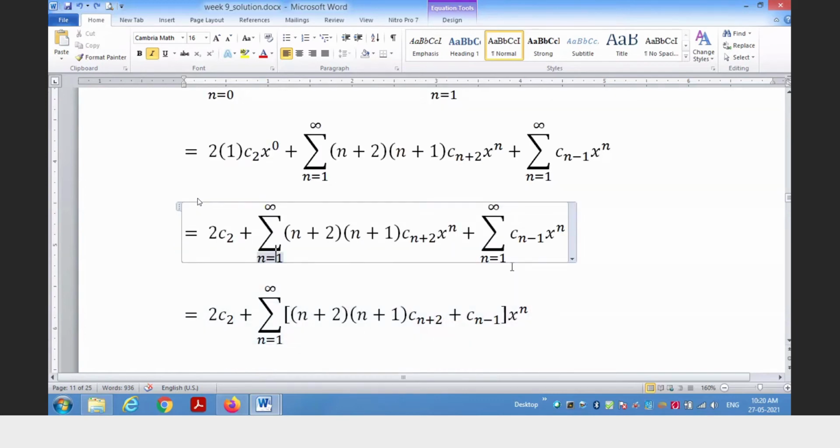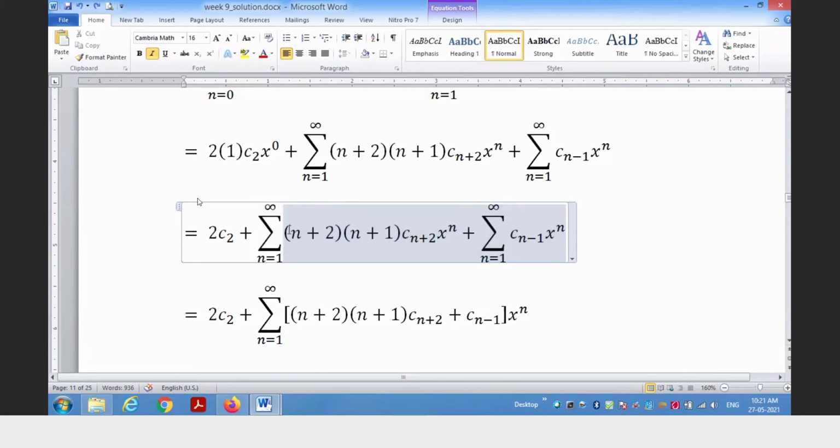We combine the coefficient of x^n here: n plus 2 times n plus 1, c_(n+2), plus this coefficient, which is c_(n-1), everything times x to the power of n. You can combine these two.